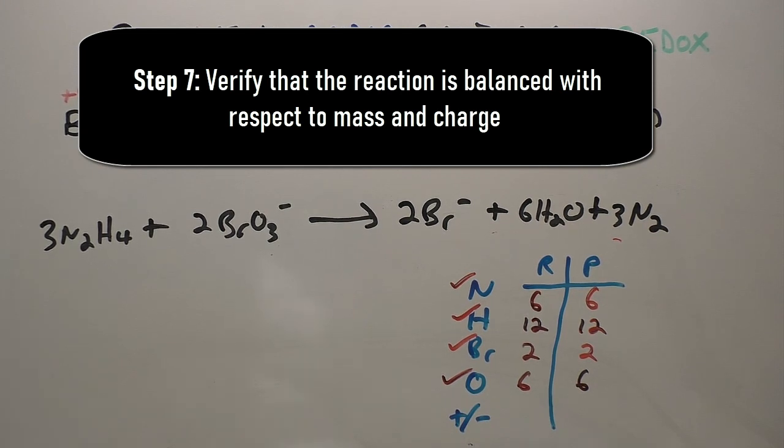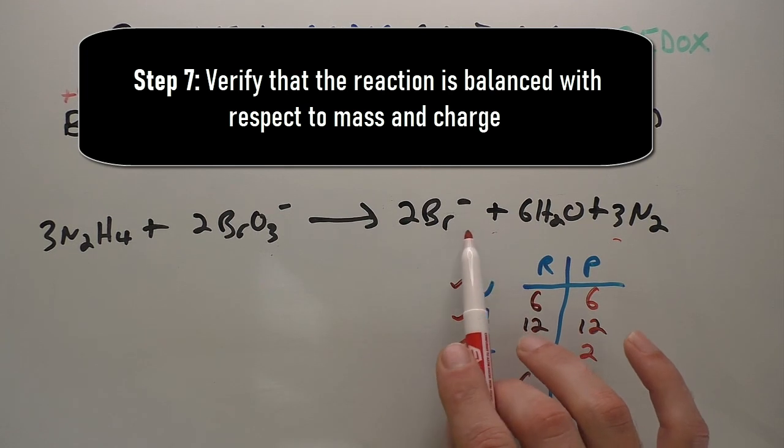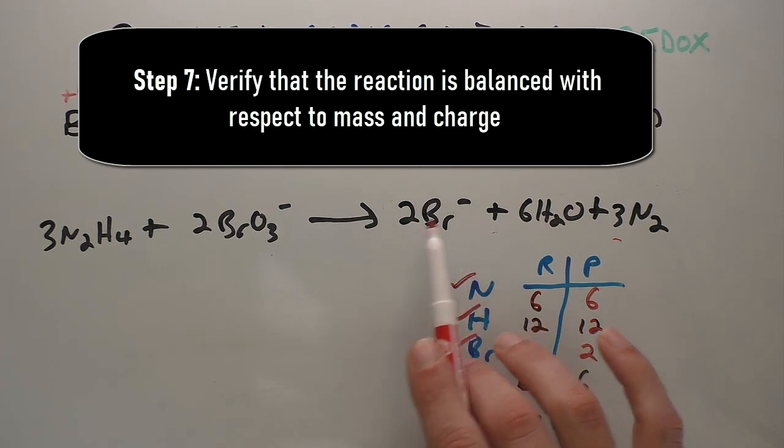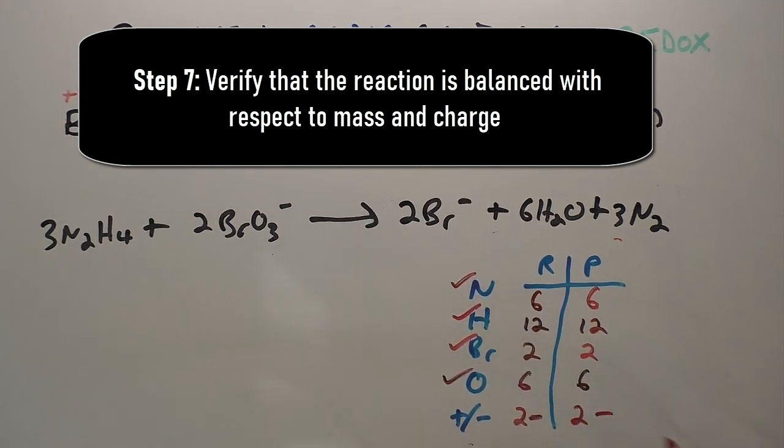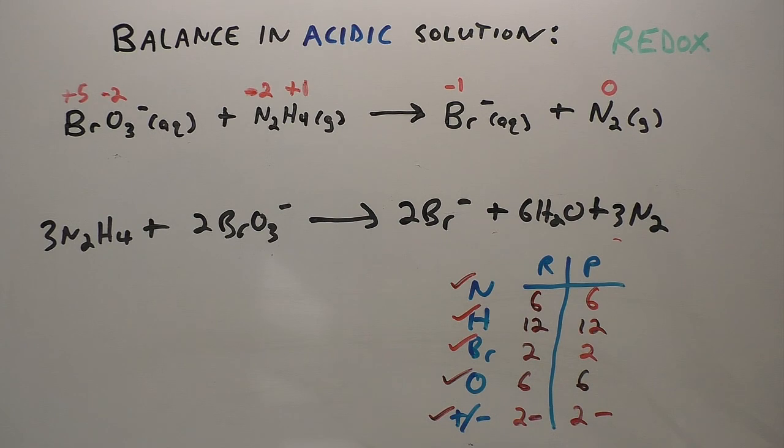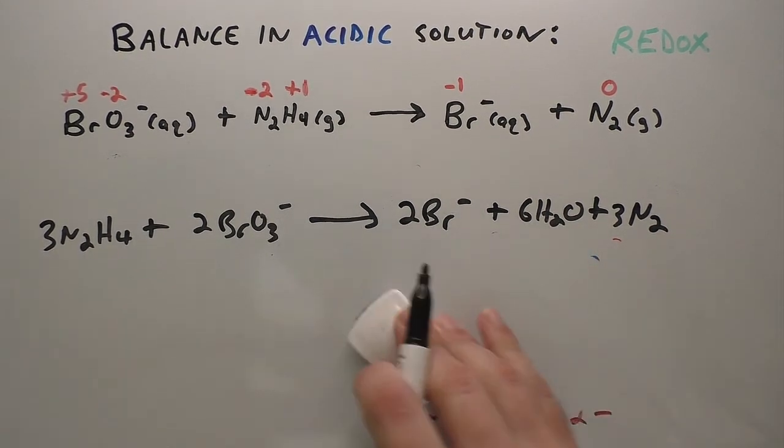And when it comes to charge, well, we have an ion with a charge of 1 minus times 2, so that's 2 minus on the left, and the same is true on the right. We have an anion with a charge of 1 minus times 2, so 2 minus. So everything in this equation is balanced.